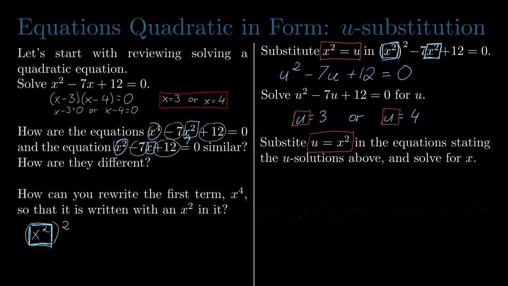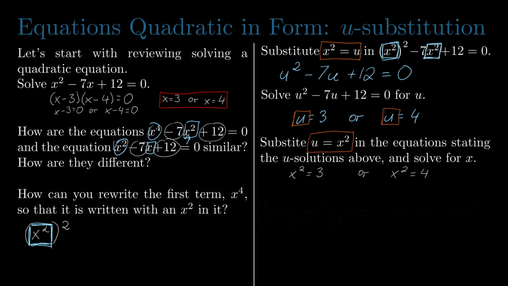So we're going to have x squared equals 3 or x squared equals 4. And now we solve those two equations, which are now easy to solve for x in the language of x, and we will get the solutions to that original fourth degree equation.